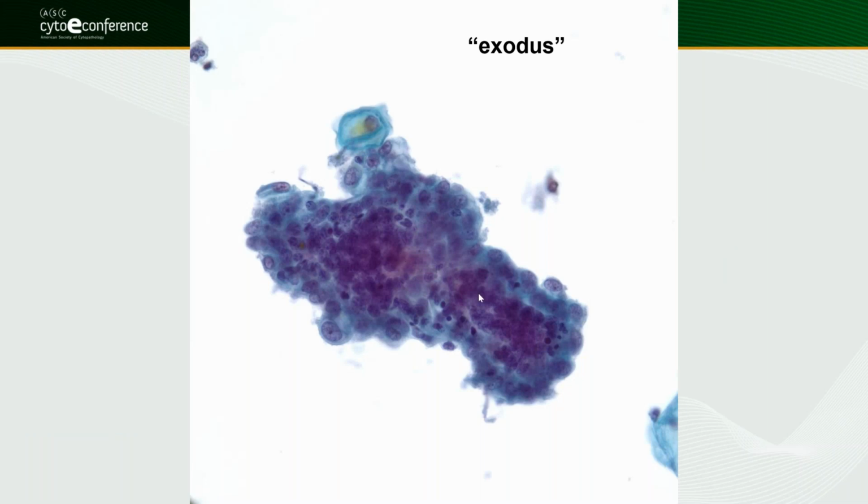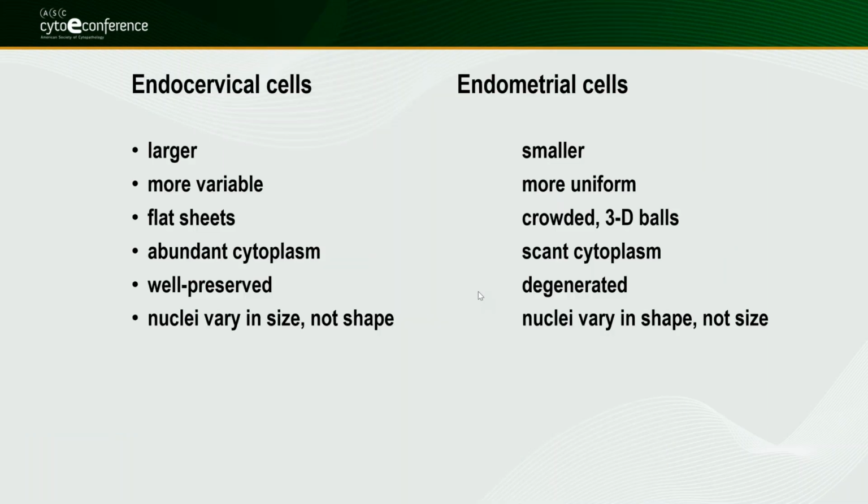So that's called exodus. The difference between endocervical cells and endometrial cells is that endometrial cells are smaller, more uniform, often crowded and with scant cytoplasm. People say in endometrial cells the nuclei vary in shape but not size, similar in size to the intermediate squamous cells. And in endocervical cells, the nuclei vary in size, not shape.